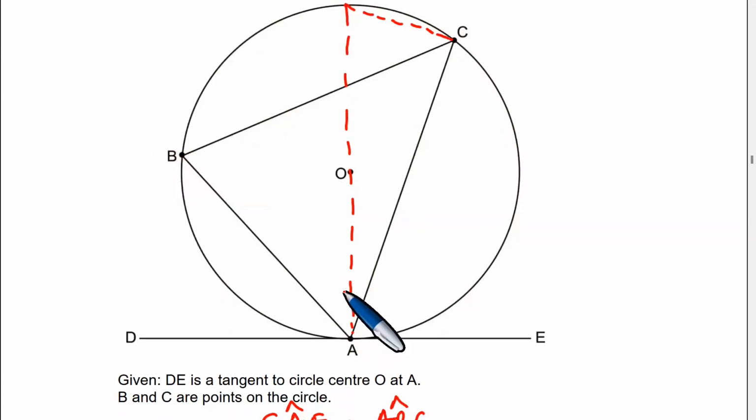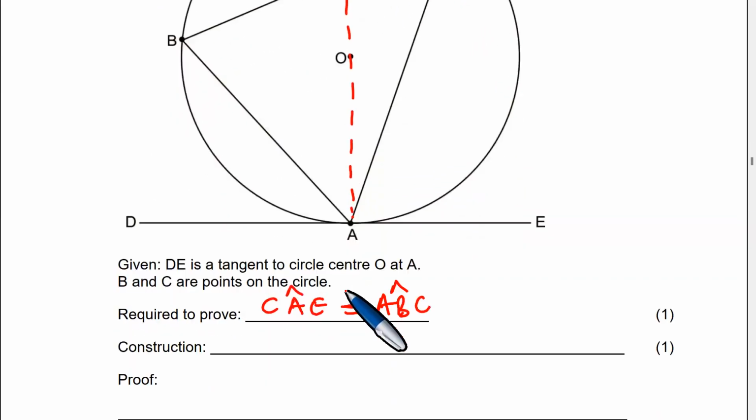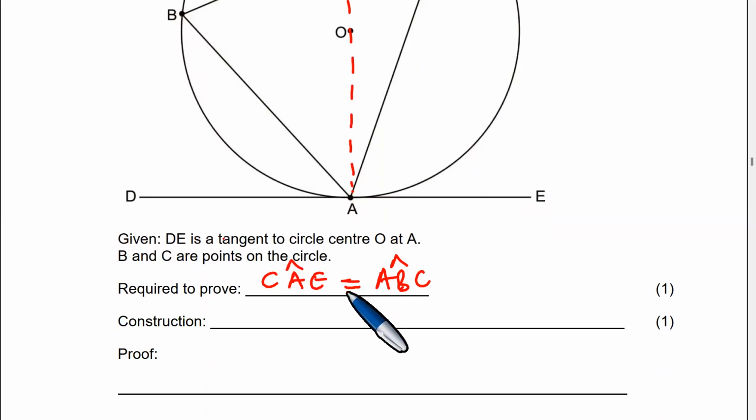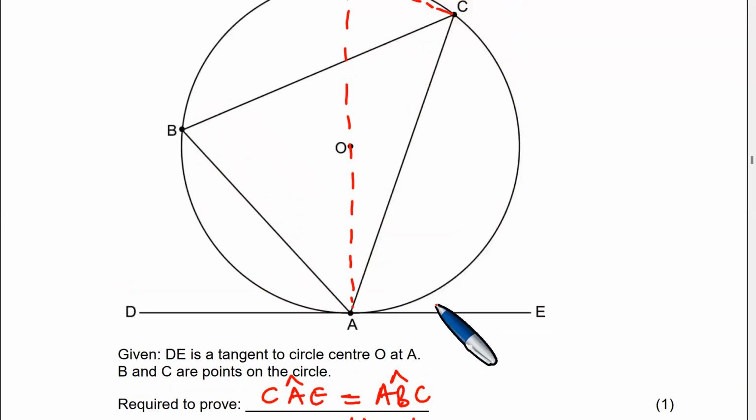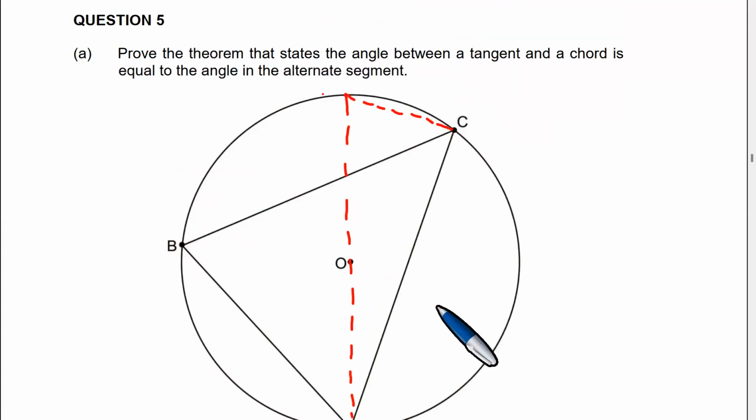Next, in other words, you construct. For the construction, you indicate that you draw a diameter. You need to label this point and give it a name.